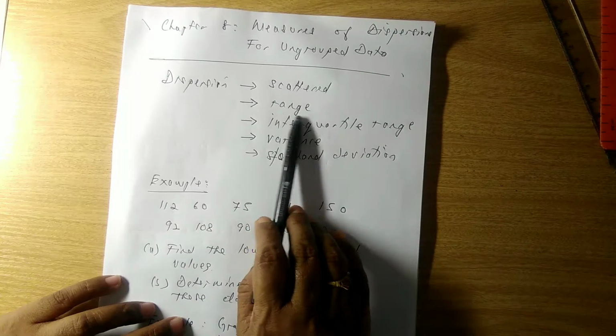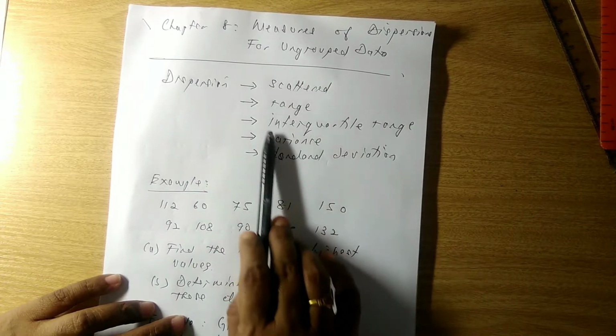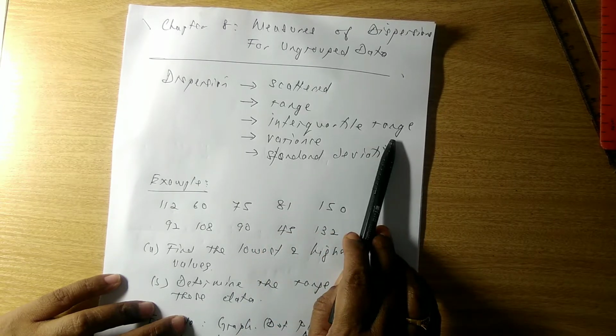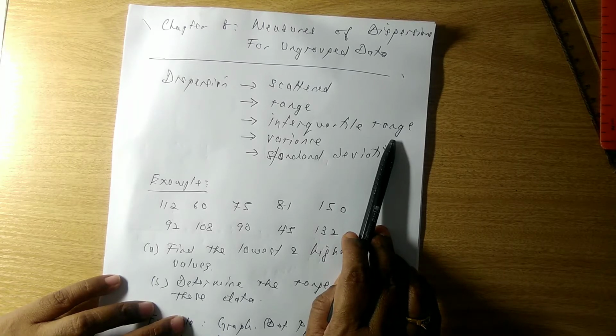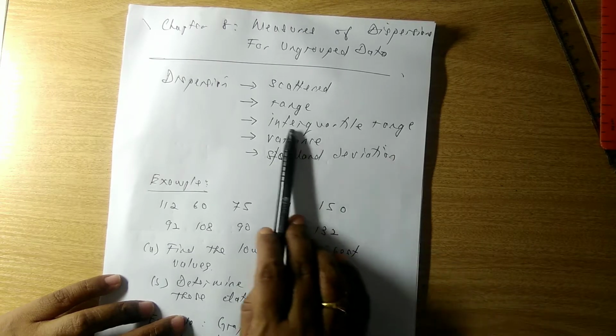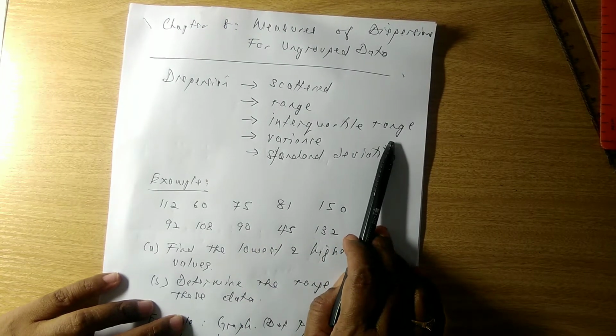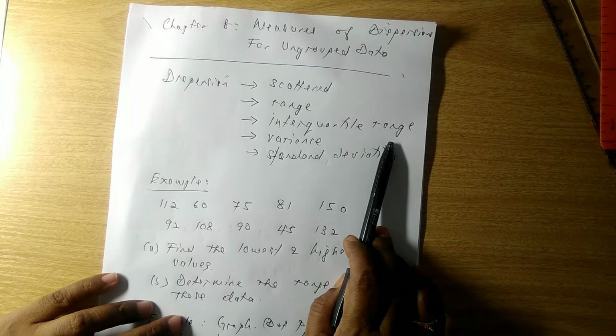Then the interquartile range, as we have seen before, which involves a graph divided into 4 sub-quadrants. Normally the interquartile range is the difference between the third quartile and the first quartile. That is another way we can measure dispersion.